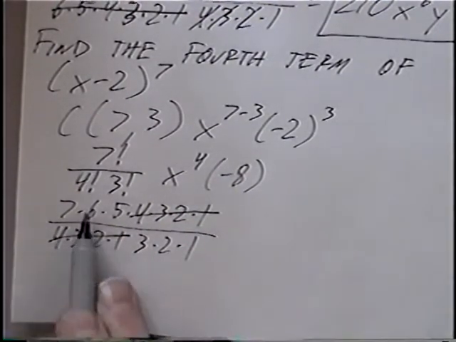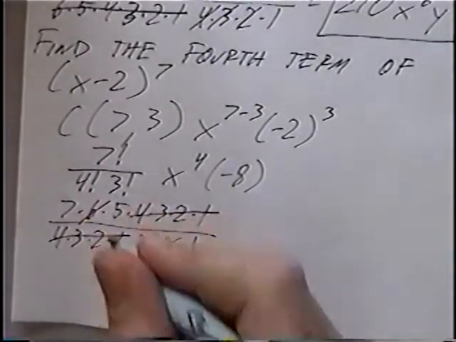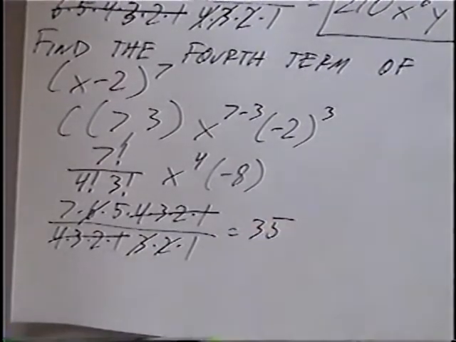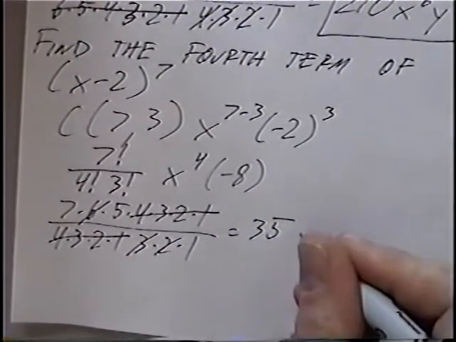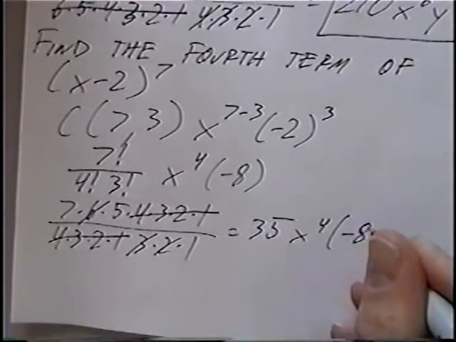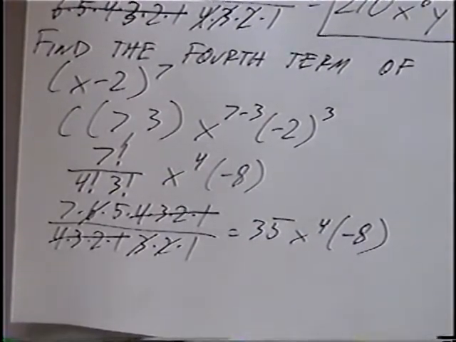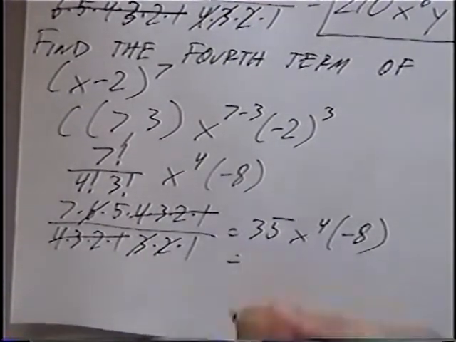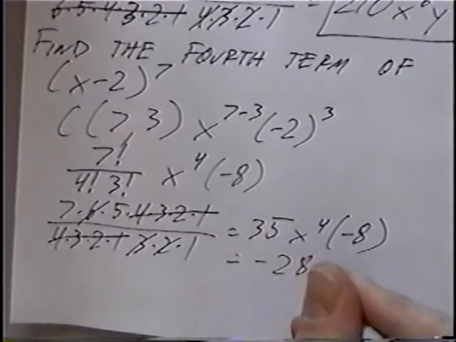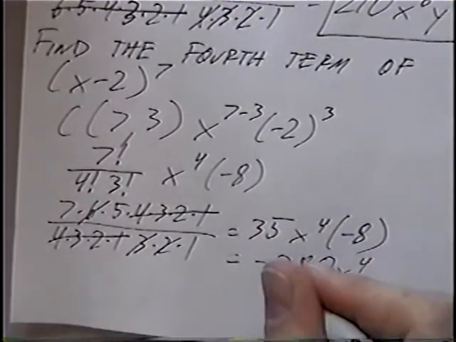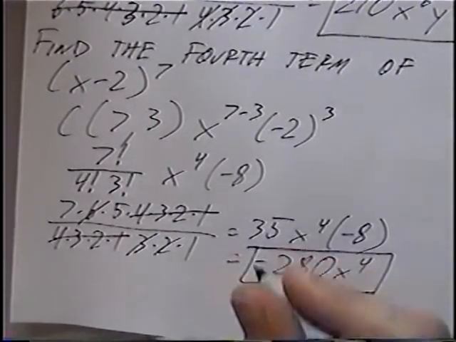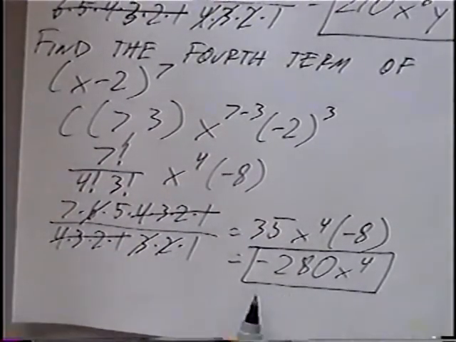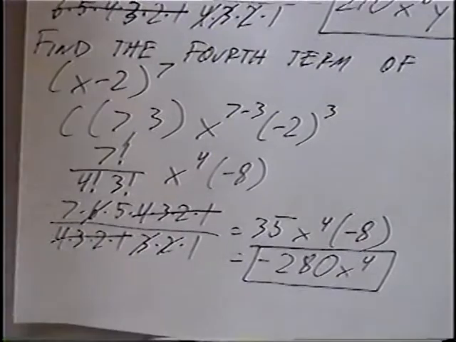And also 3 times 2 would be 6, so the 3, 2, and 6 would cancel. We'll be left with 7 times 5, which is 35. We have x to the 4th, and we also have negative 8. Since we have a number as our last term, and we have 35, we can combine those, and that would be negative 280 x to the 4th. So the fourth term of the expansion, if we'd used Pascal's triangle to write out all the terms, would be negative 280 x to the fourth.